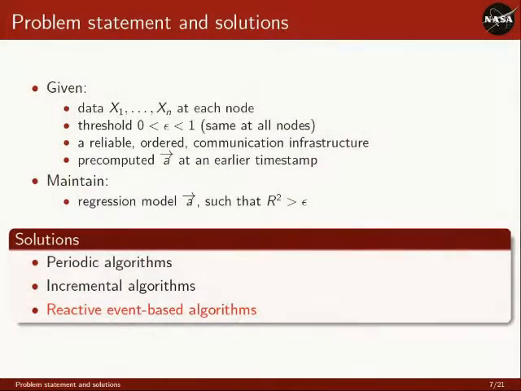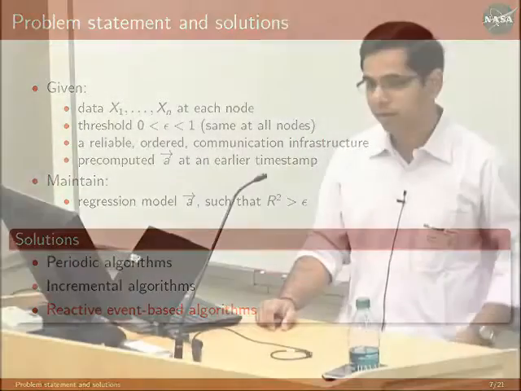So there are three solutions to this problem. The first is what is known as periodic algorithms. The second is incremental algorithms, and the third is reactive. In the periodic algorithm, periodically you sample data from the network, you rebuild the model A and see if the last model and the new model are good enough using some statistical test of model fit.